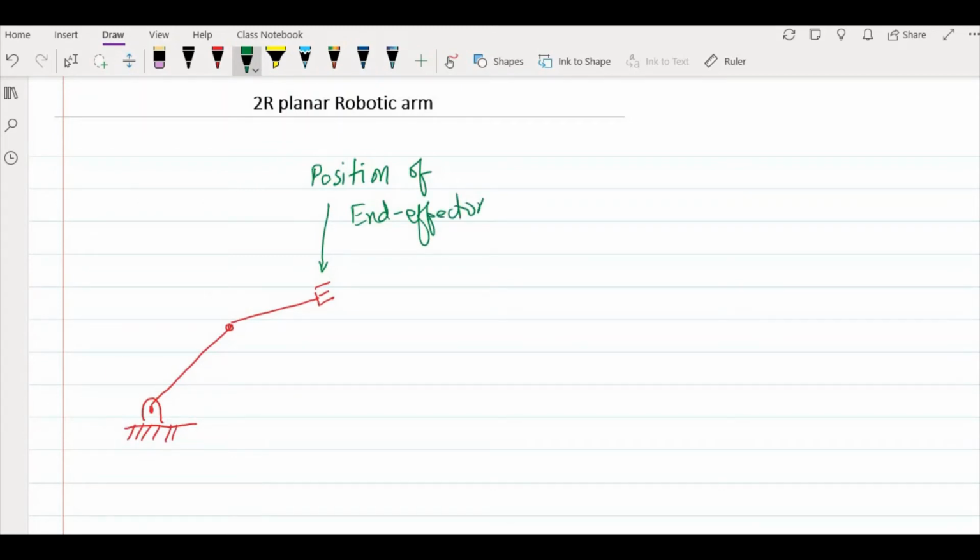We want to know the position of this end effector in your reference frame, which is, let's say, a frame A, a fixed frame here.